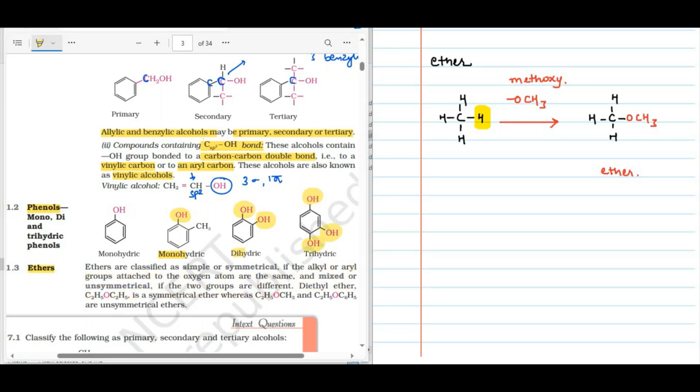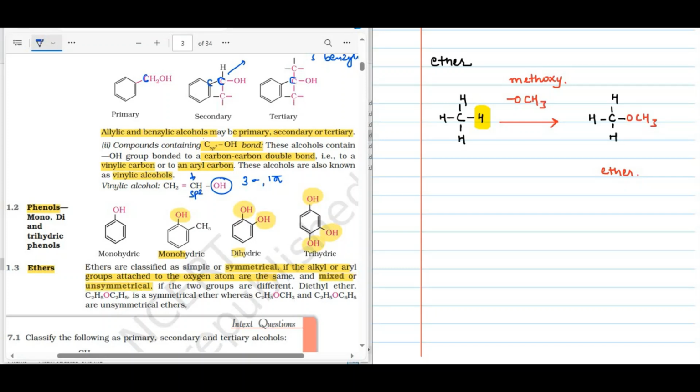Now come to the ethers. Ethers are classified as simple or symmetrical if the alkyl or aryl groups attached to the oxygen atom are the same, and if they are mixed, they are called unsymmetrical, if the two groups are different.